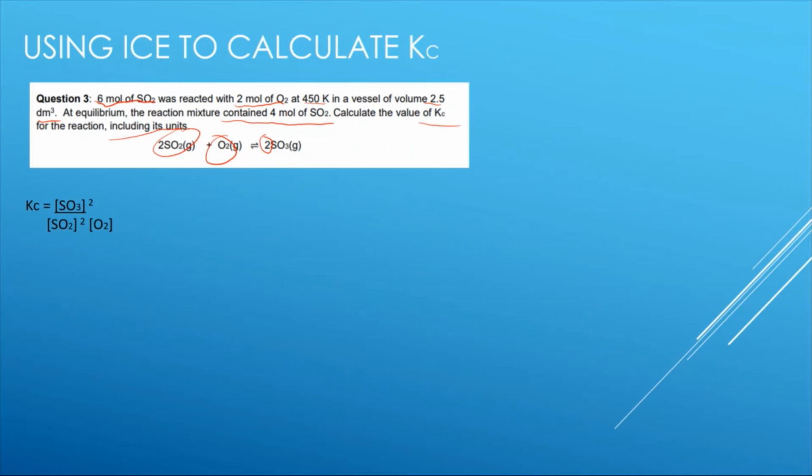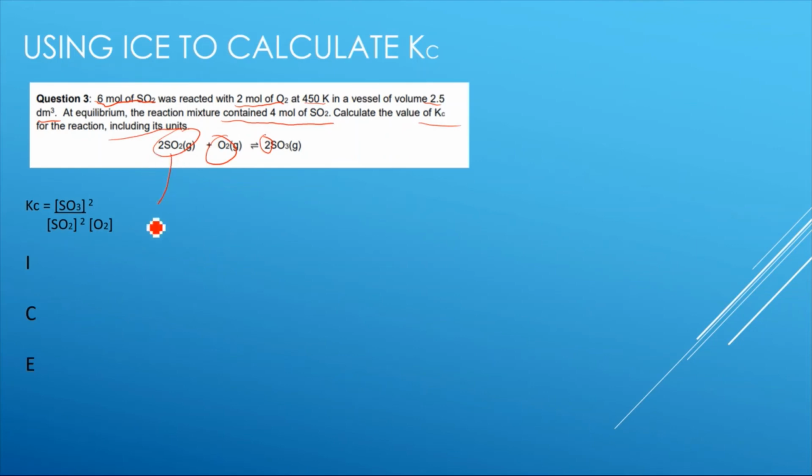So then for this question, what we do is we use something called ICE. So this stands for initial moles, change in moles, and equilibrium moles. So just remember this. Starting off, we know that there are 6 moles of SO2.